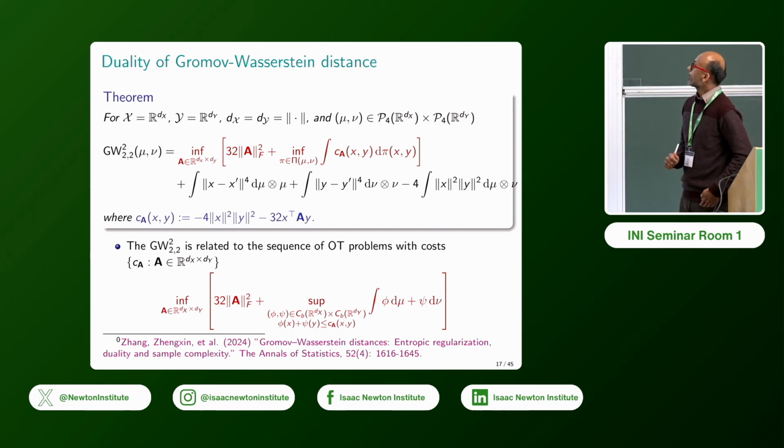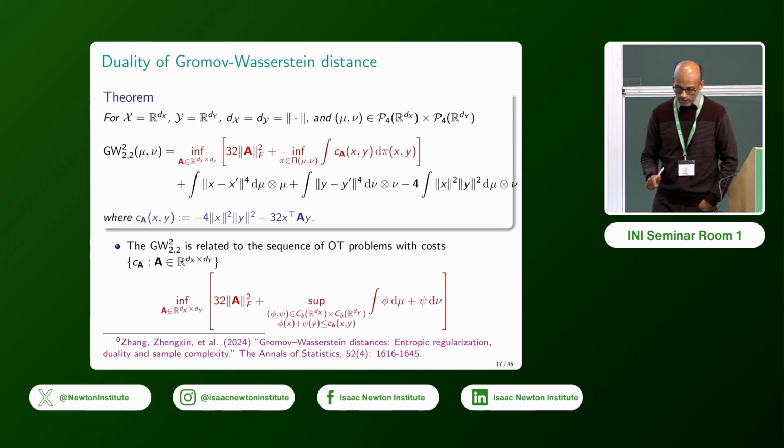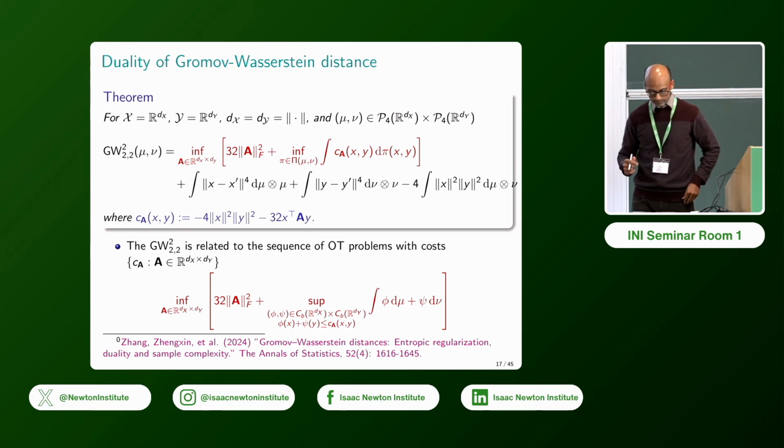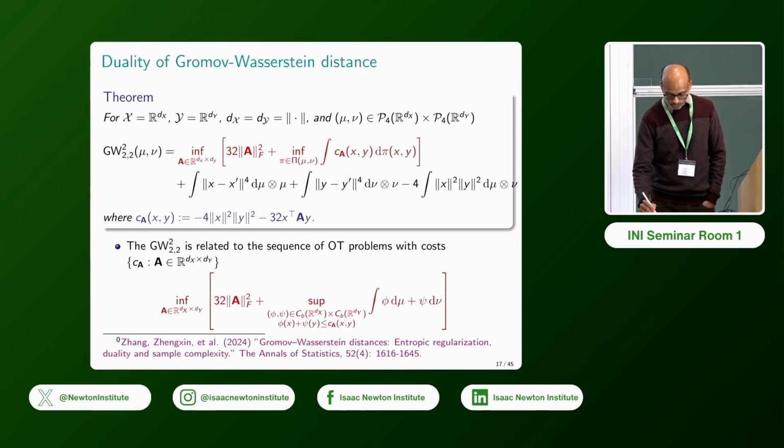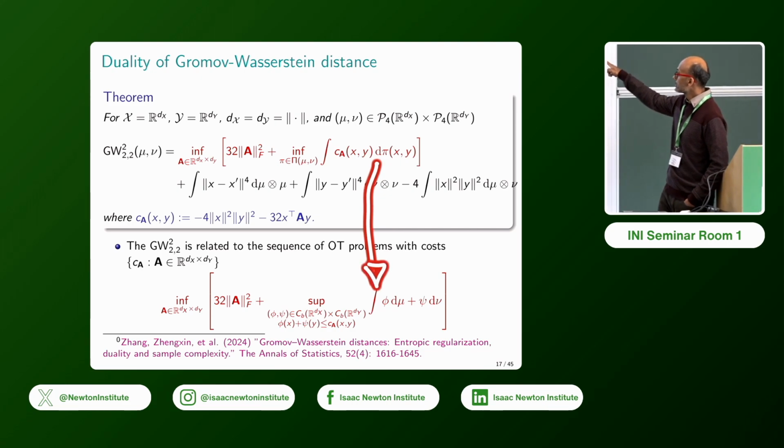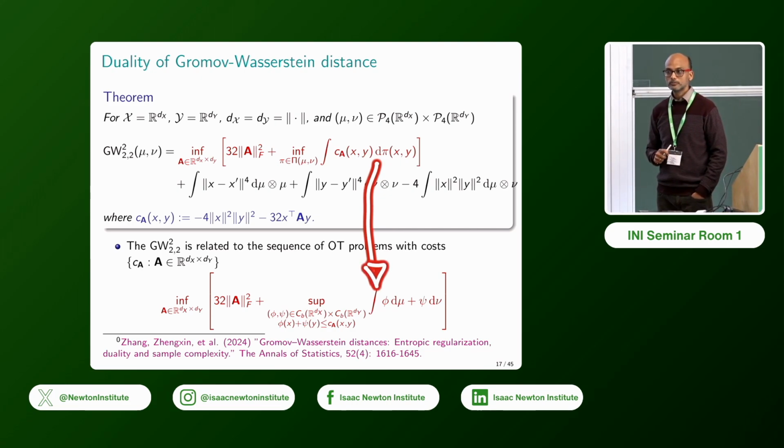The inner problem is a collection of OT problems indexed by this matrix A. Because this is an OT problem, I can write the dual problem for the OT problem, which is precisely the bottom one.